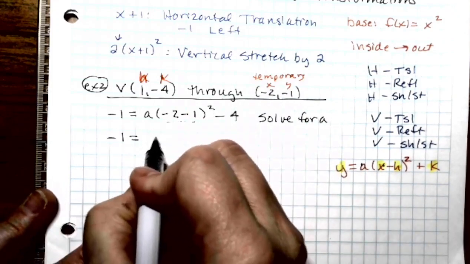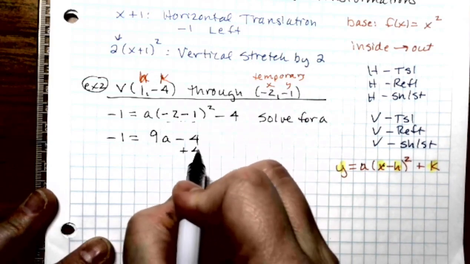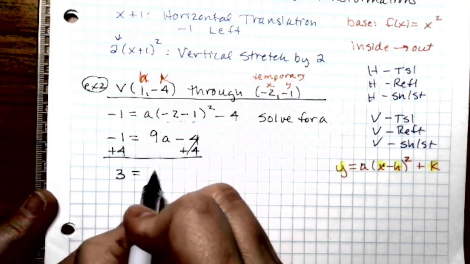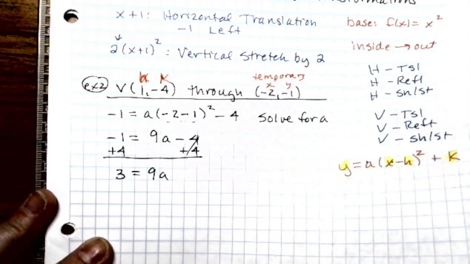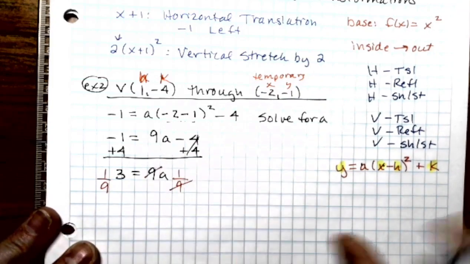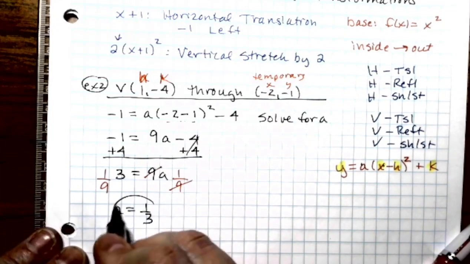So -1 equals 9a minus 4. I'm going to go ahead and solve with a on the right. So add 4 over to the left. You get 3 equals 9a. Multiply both sides by a 9th to get the a by itself. And 3 over 9 reduces to 1/3.